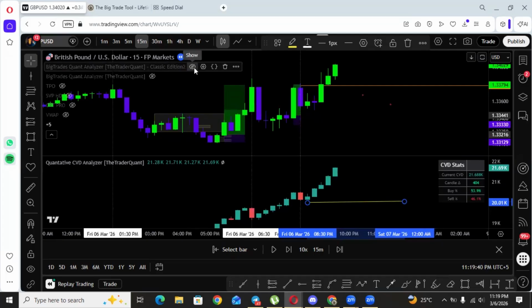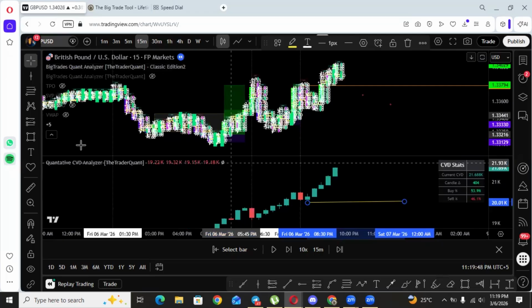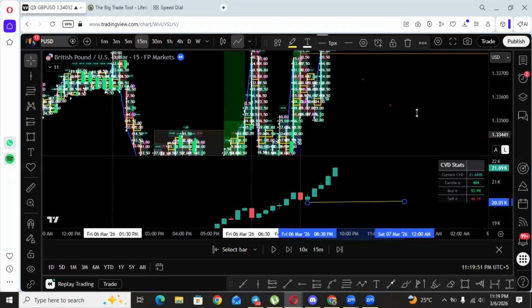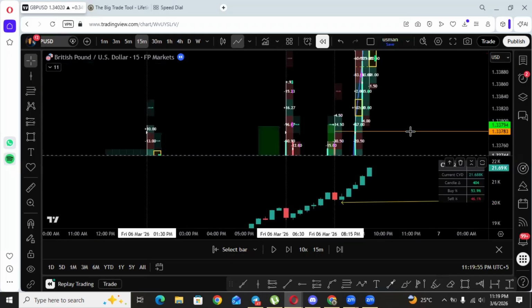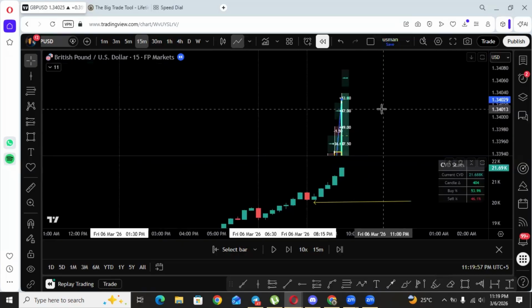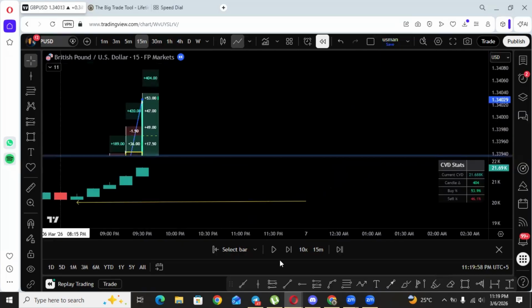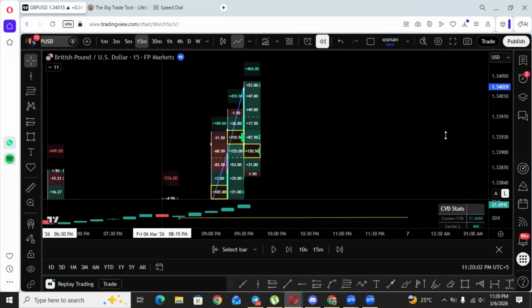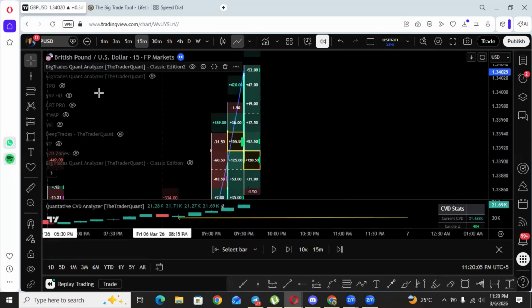So delta is the difference between buyers and sellers at a certain price level. Okay, let me turn this on and show you. So let's zoom in and see the last candle that formed. If you want to see the delta, you will understand it very clearly.